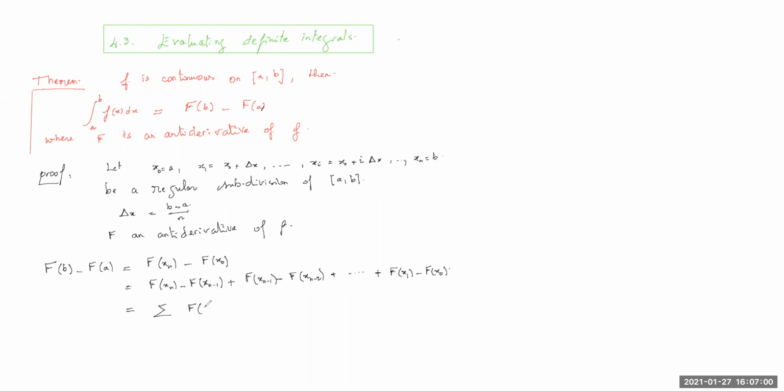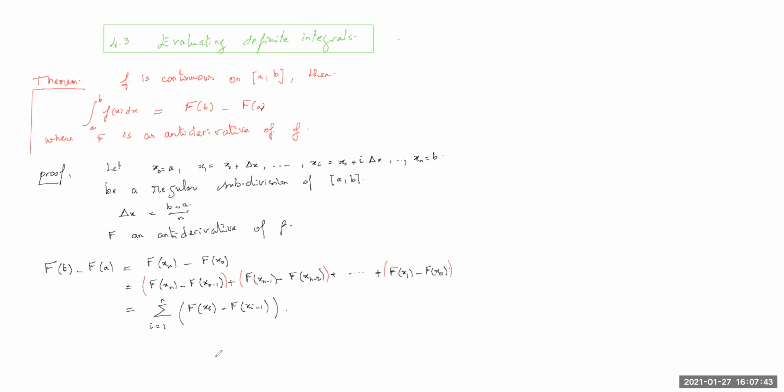So it's the sum of F(xi) minus F(x(i-1)), focusing on those differences, adding all those differences, with i from 1 to n. Let's check: if you start at 1, you have F(x1) minus F(x0), the last term. If you end at n, F(xn) minus F(x(n-1)). So we did well. We are adding these differences.